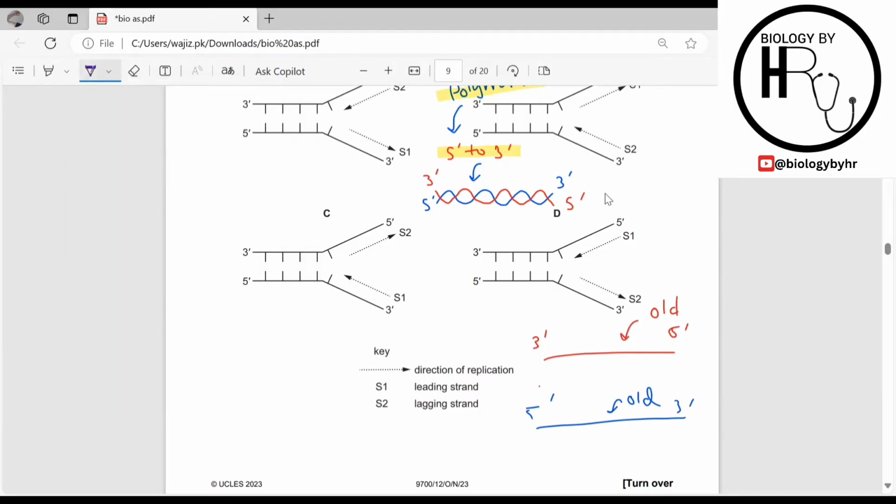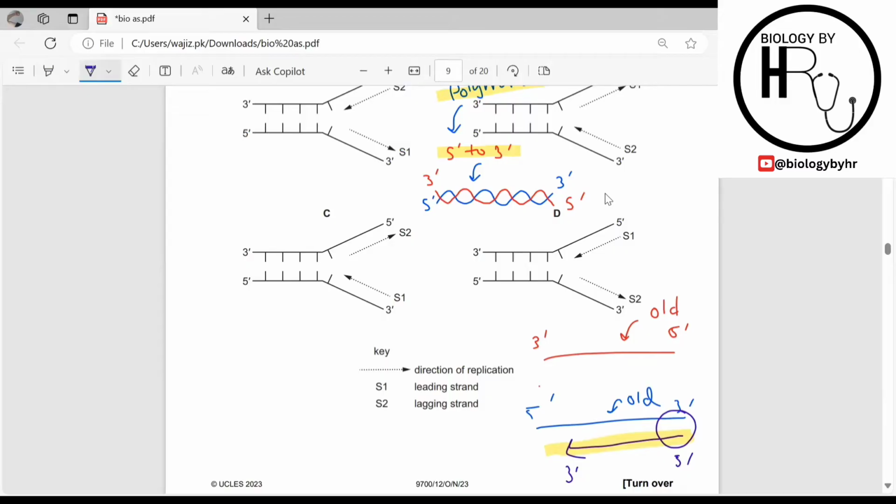The DNA polymerase is going to synthesize the strand from here in the direction of 5 prime to 3 prime, which means that the new strand which will be formed over here will be from 5 prime to 3 prime.